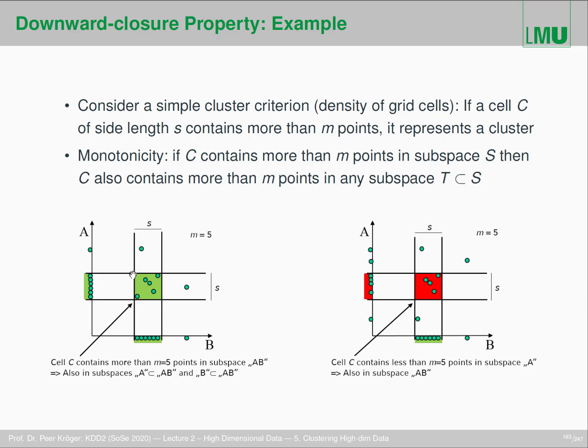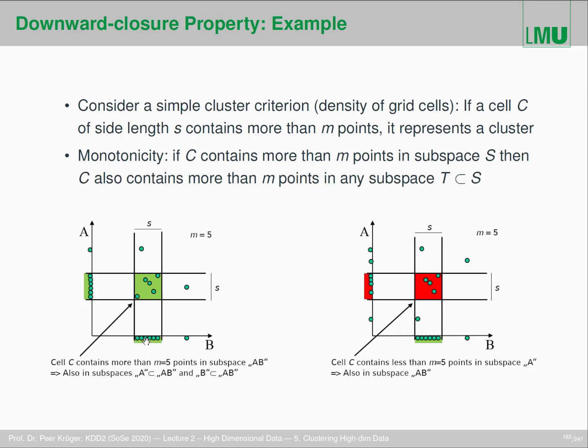This grid cell, indicated by these black lines, is dense. If we take a look at the projection of this cell on this one-dimensional feature space made up by B, we find that all of those 5 points are also in this cell in this projection, and there may be even additional points like this one here.